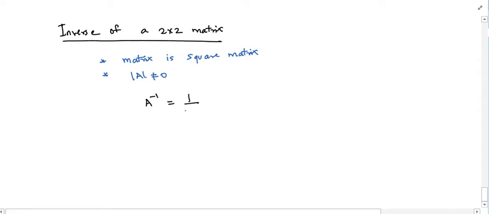The formula for the inverse of a matrix, denoted by A inverse, is 1 over the determinant of A times the adjoint of the matrix A. The adjoint of the matrix A is nothing but the transpose of the matrix of the cofactors.